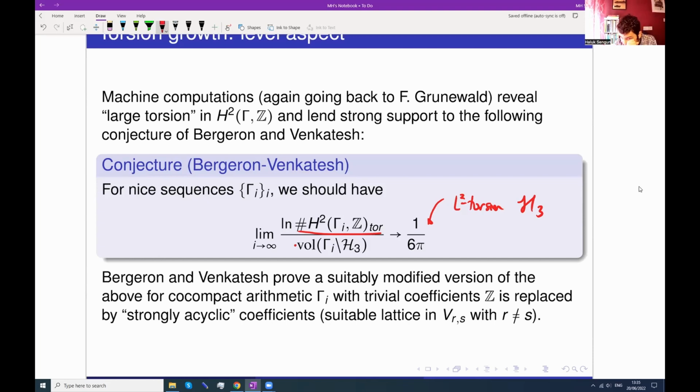Originally, in their well-known paper, they proved things about co-compact arithmetic groups acting on hyperbolic free space, because their methods are analytic, the so-called Cheeger-Müller theorem. They try to get a hold of the size of torsion using the so-called analytic torsion.